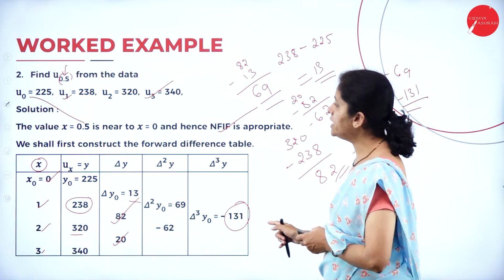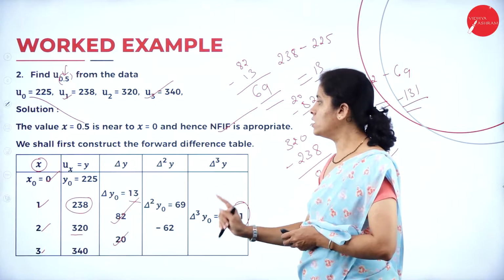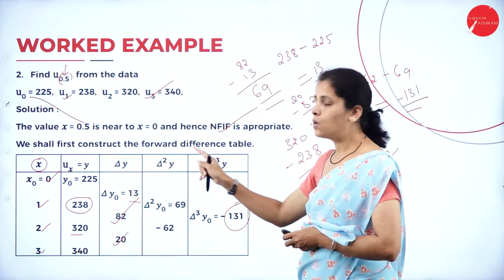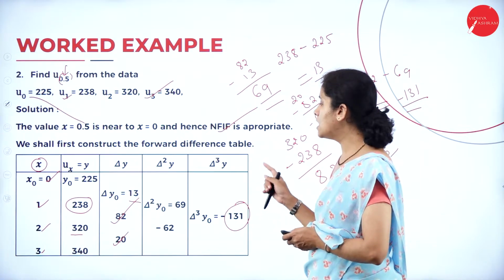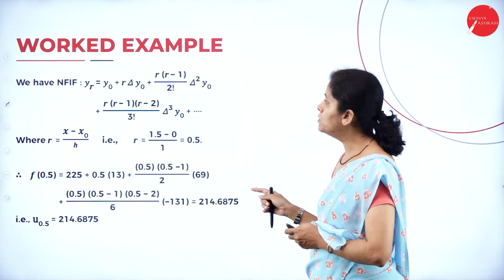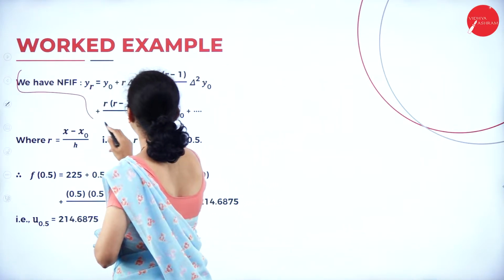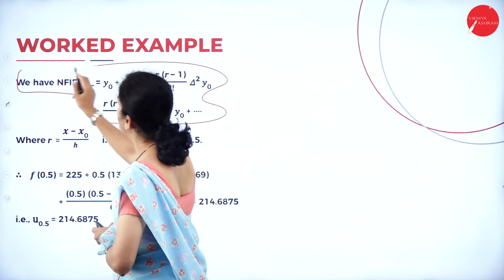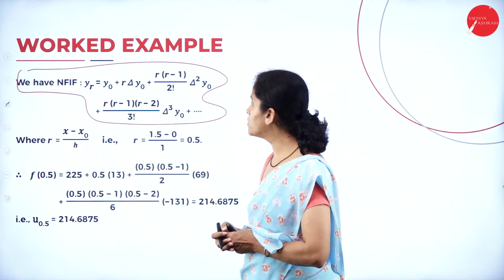So dear student, now I have x naught, y naught, delta y, delta square y as well as delta cube y. Now see here, this is my Newton-Gregory interpolation formula. And if I consider this formula, what are the things I required?